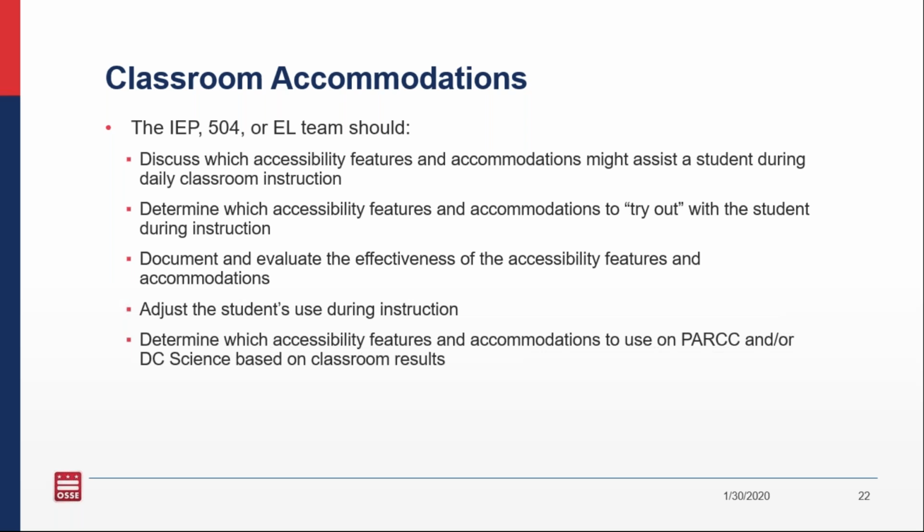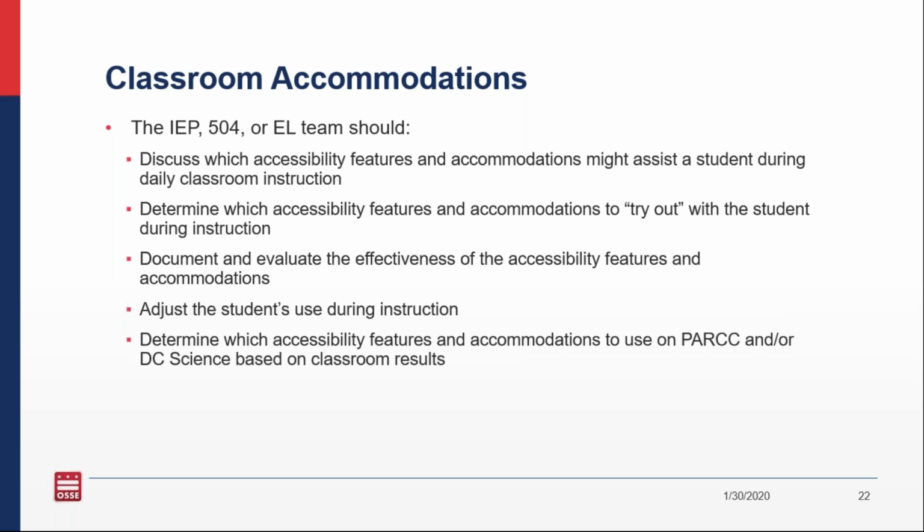The IEP team, 504, or EL team should discuss which accessibility features and accommodations might assist a student during daily instruction, determine which accessibility feature or accommodation to try out with the student during instruction, and document and evaluate the effectiveness of the accessibility feature and accommodation. I think this is a key point to remember: evaluating the effectiveness of the accessibility feature or accommodation.